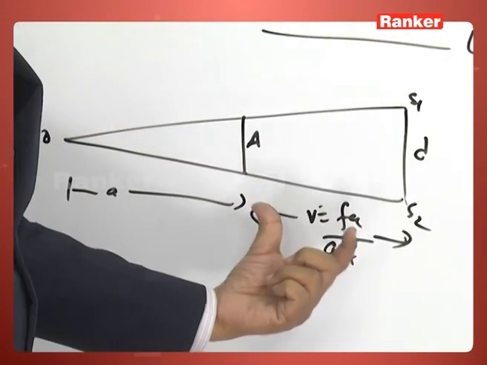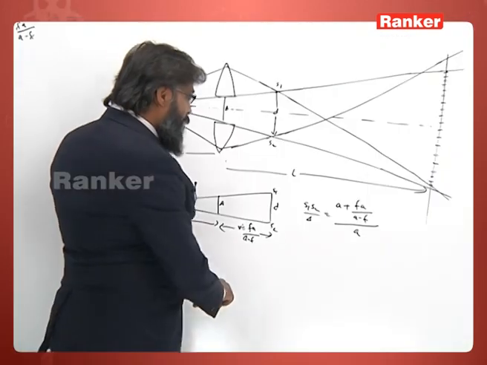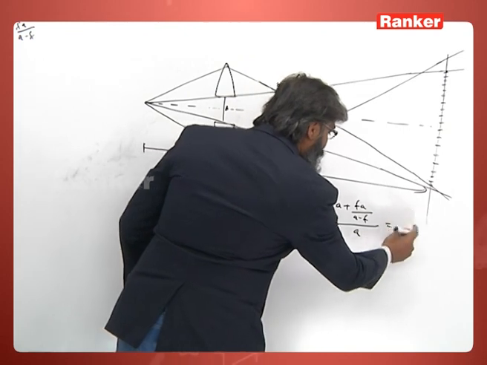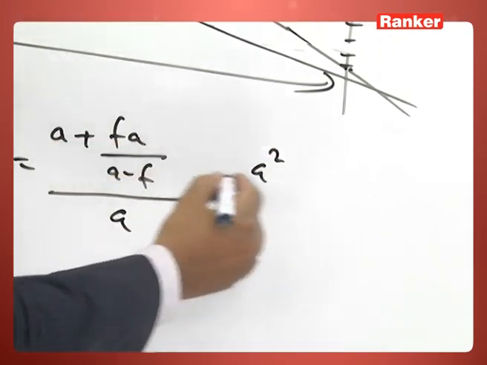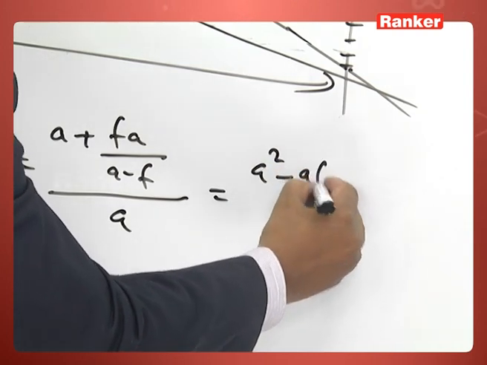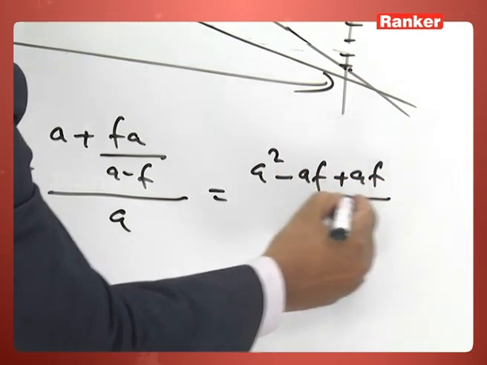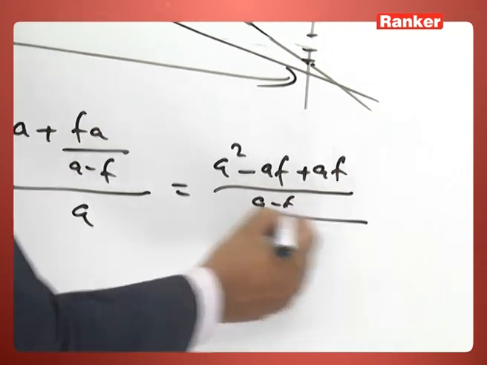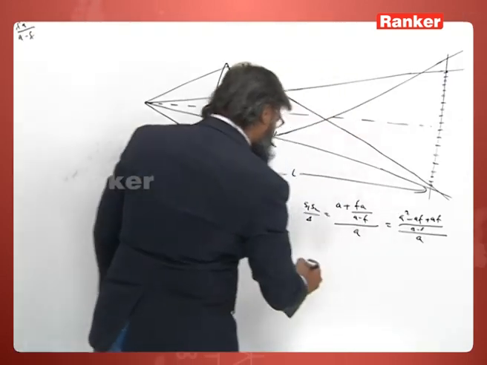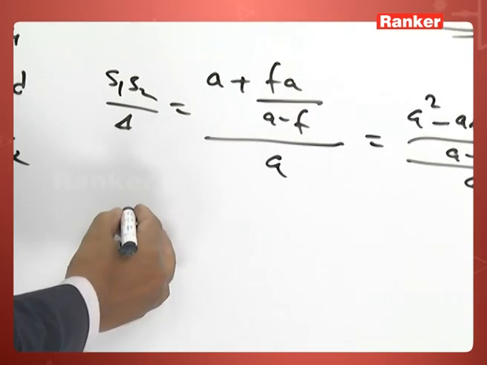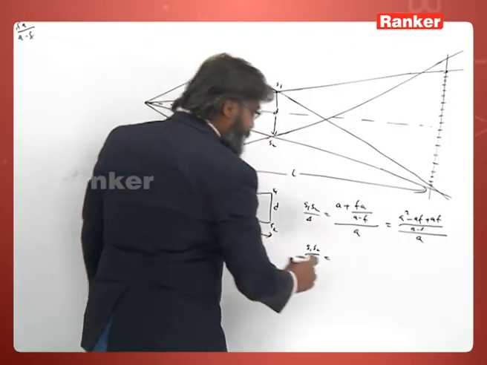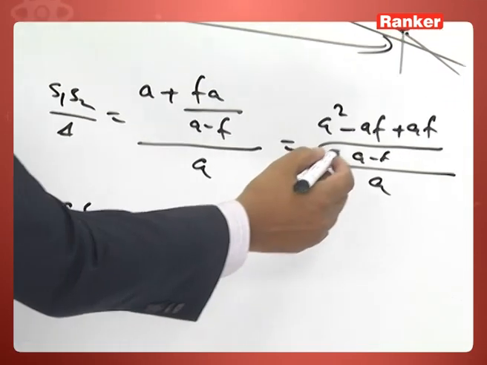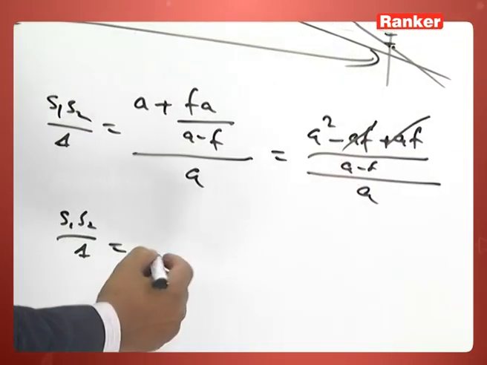is equal to the total distance, that is A plus this, divided by A. So on calculation this gives A squared minus AF plus AF by A minus F, divided by A. So S1S2 by delta, where delta is the displacement of the lenses, this cancels out.